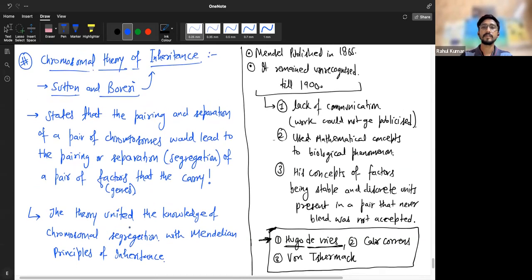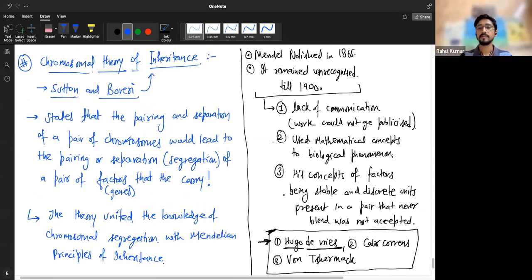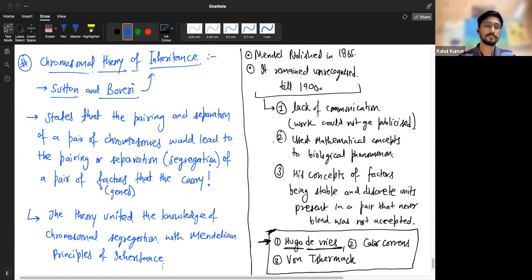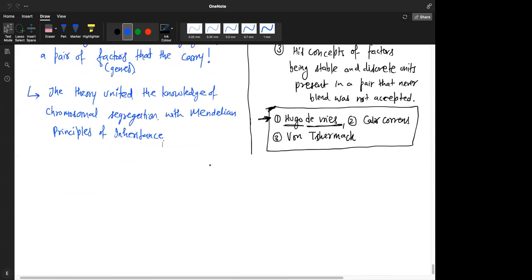Is it clear? So both are clear: the chromosomal theory of inheritance, who raised the work to the status of laws, and why the work was unrecognized. Please write this down. Done? Okay, good.